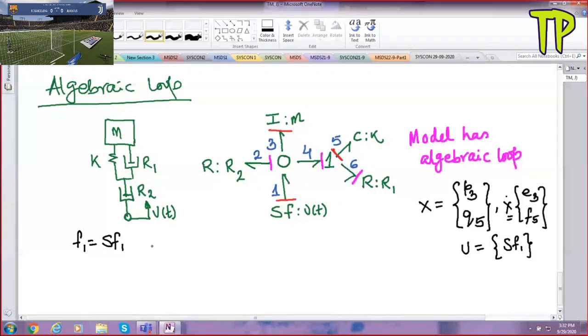So we have flow 1 is equal to SF1. Then we have F3 equal to E3 by M3. Then you have E5 equal to K5 times Q5. We take source of effort mg.